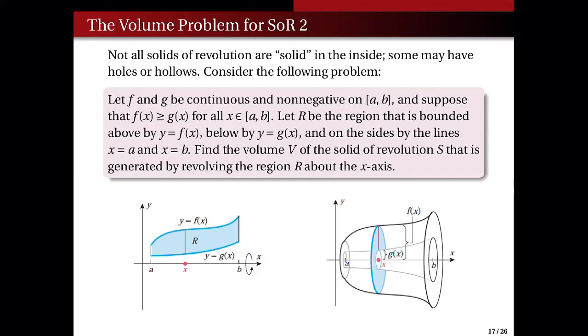So in order to get the volume of the solid generated here, one way to think of this is to get the volume of the whole solid if you only have f of x, and subtract the volume of the solid if you only have the g of x.